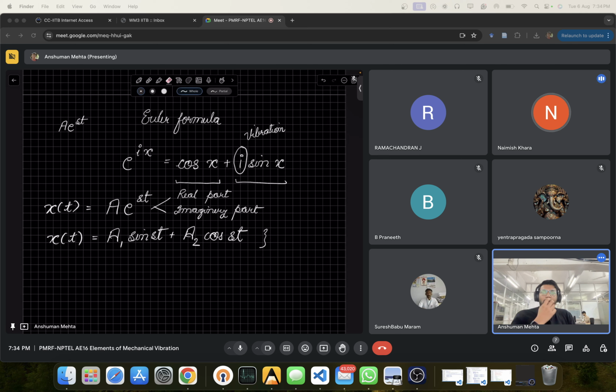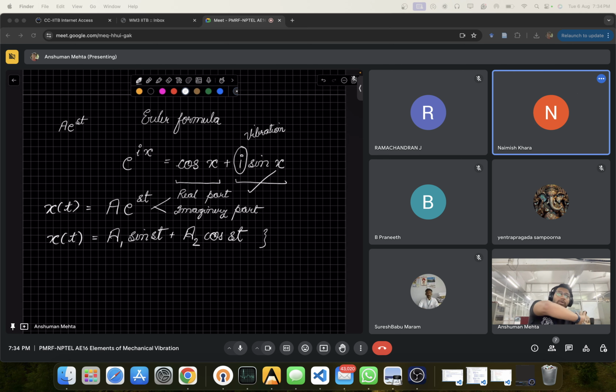When we know it's harmonic, like we know it's vibrating, then we are okay with the imaginary part. But if you don't know how the system will behave, like it will either go to zero or it's an unstable system, then we go with the exponential form. As you go further in the course, these things will clarify, don't worry.